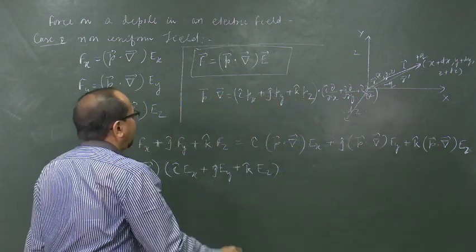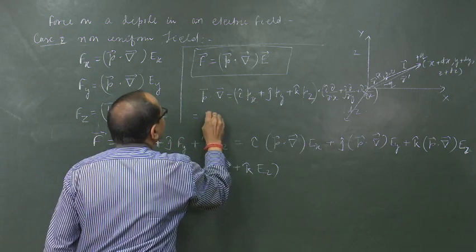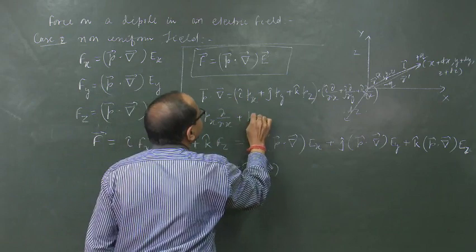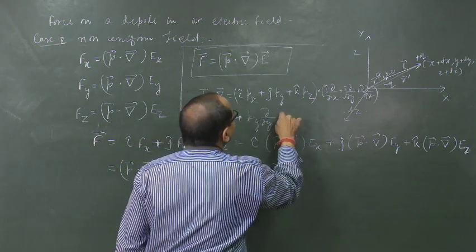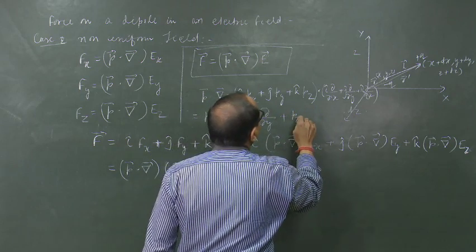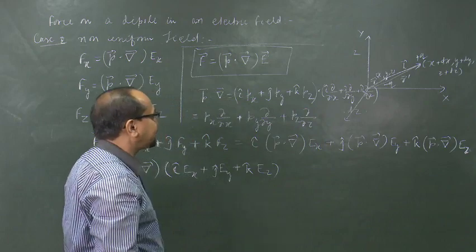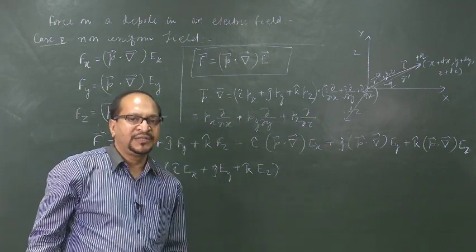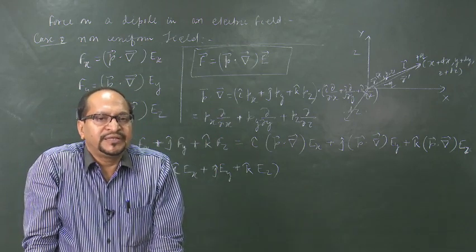And this is equal to p_x del by del x plus p_y del by del y plus p_z del by del z. Okay. So, this is a new operator that operates over the electric field to give you the resultant force acting on the dipole.